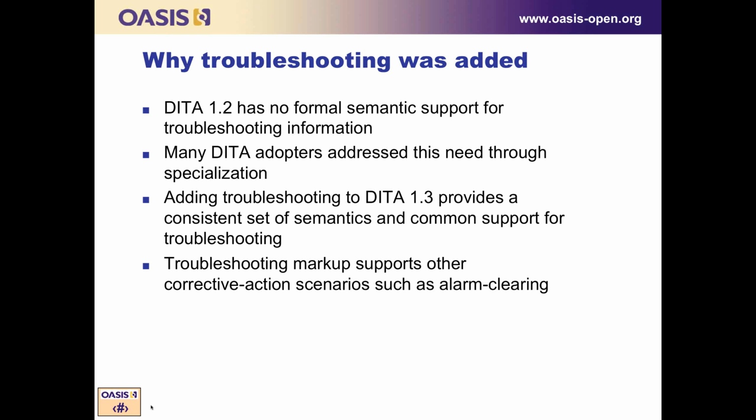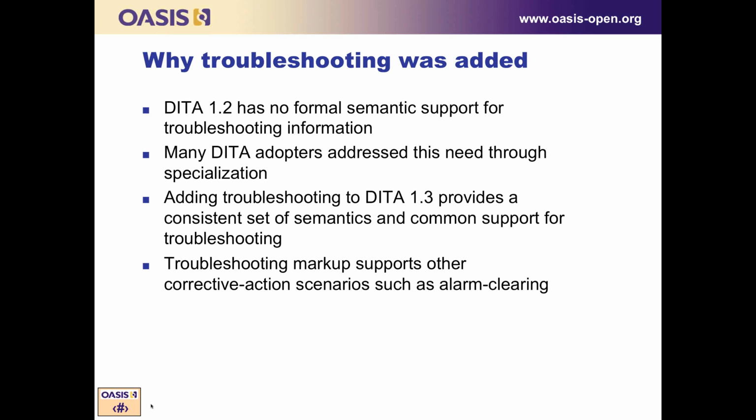There are some advantages to this. Now we have a way for writing organizations to have a consistent set of troubleshooting information. Because it's now part of the semantics, it improves the author's ability to be consistent.